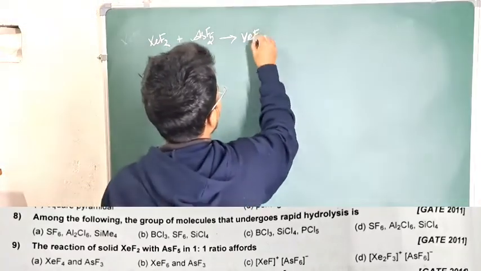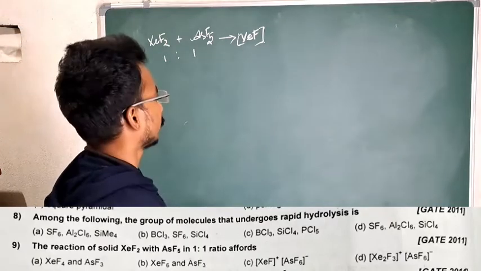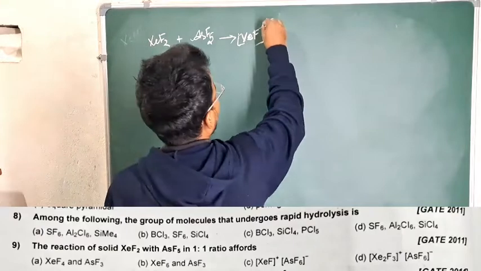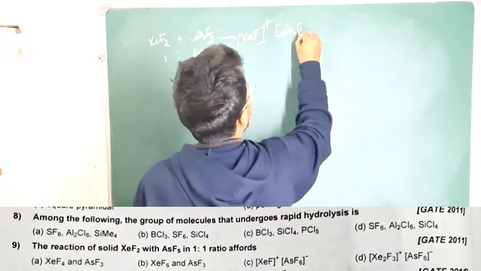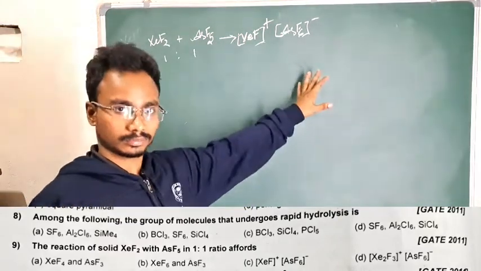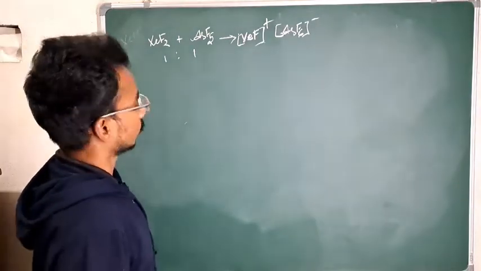I think you know this question, many of you will answer in the comment. Yes, AsF6 negative. Okay, you know this product. I know it is a very well-known question to all.